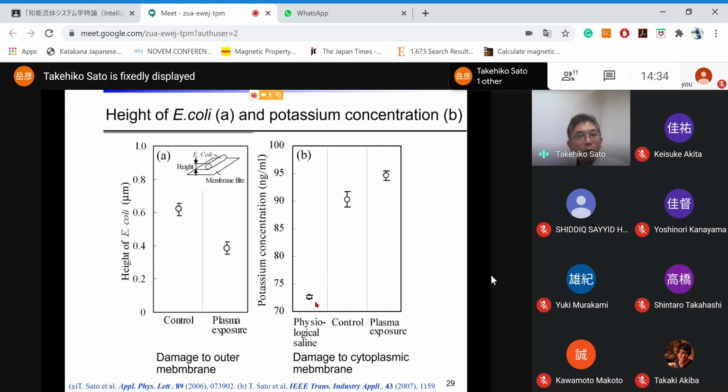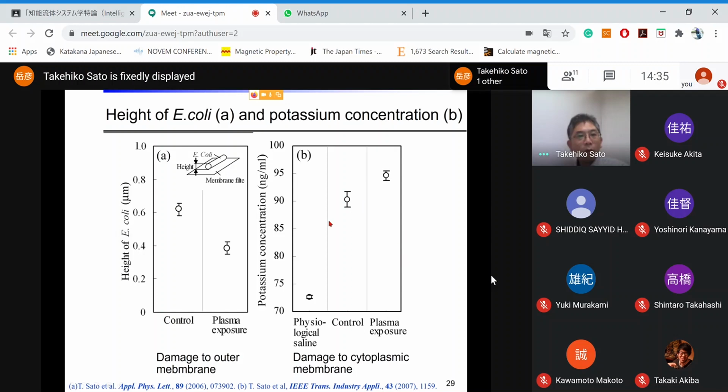Also, we measured the potassium concentration leaking from the cell in the control case and in the plasma exposure case. There is not much difference, but in the plasma case the leak of potassium is increased, which means somewhere the bacterial cell has a pore and it leaked out.